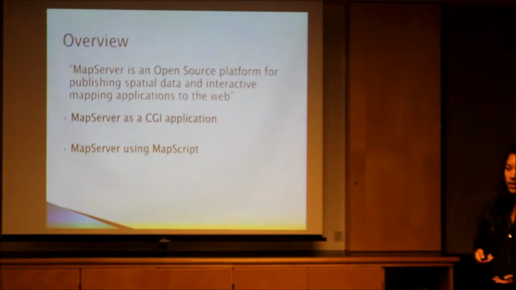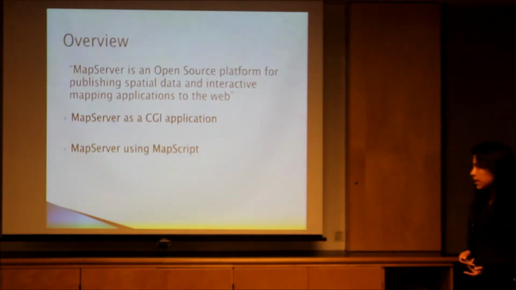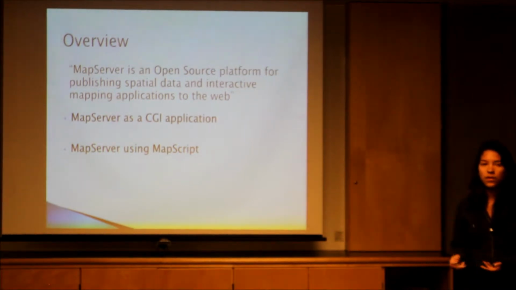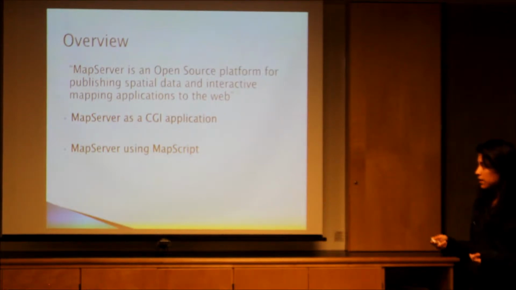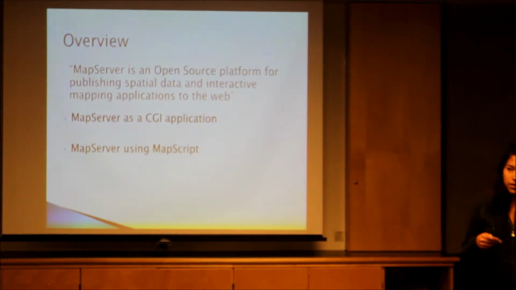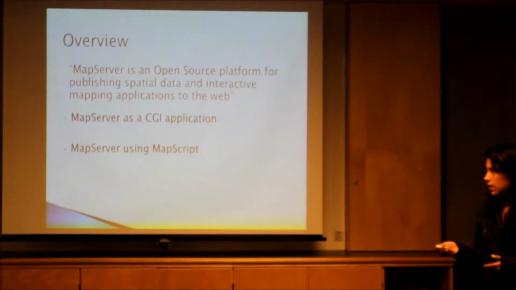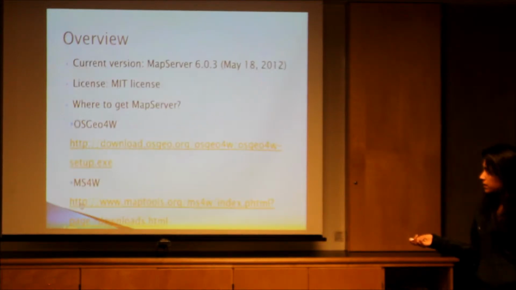So if you want to implement something that is not in there, you can use MapScript. And MapScript, I think, is available in PHP, Python, and even C#. So if you're more comfortable using programming instead of the map file, which is just configuration, that would be the way to go.